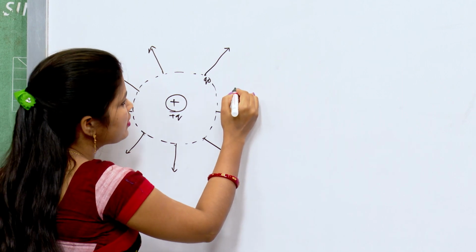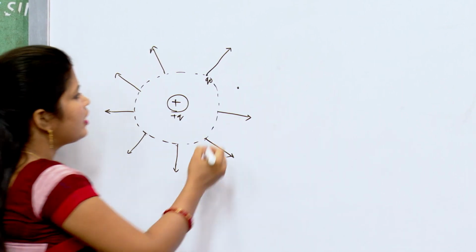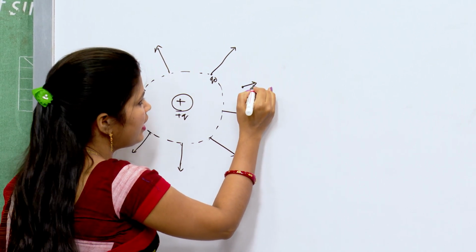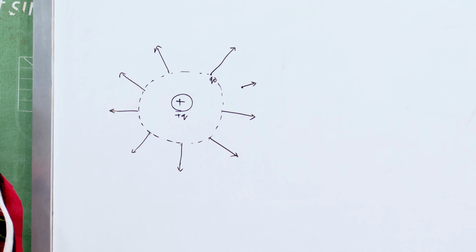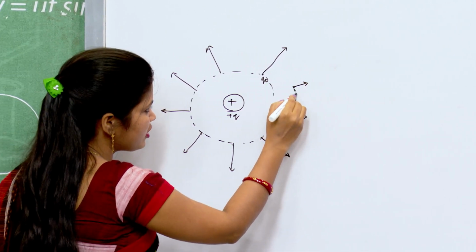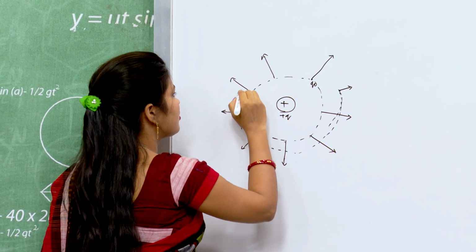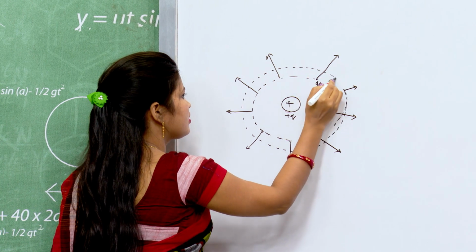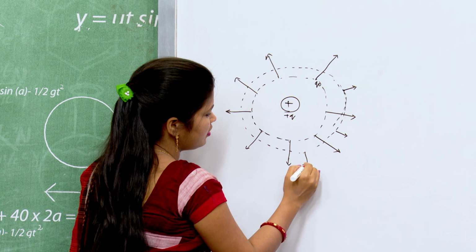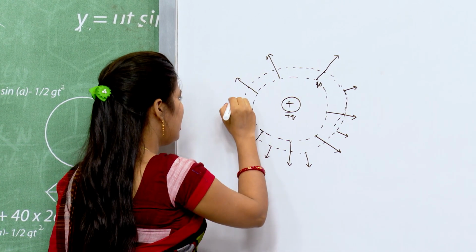So, when we place the test charge here, then the electric field is also outward, but less than before, and in the same radius, that is same distance, the electric field will be same and outward.